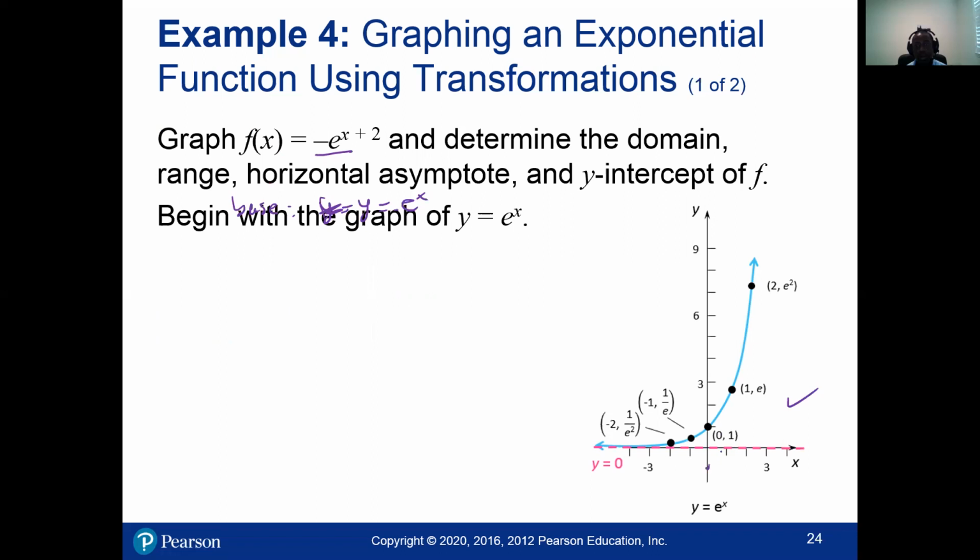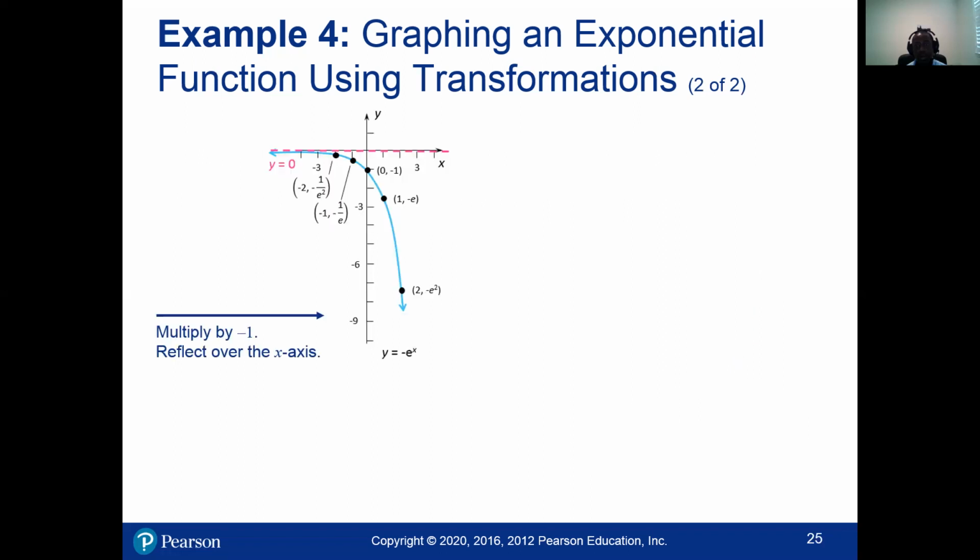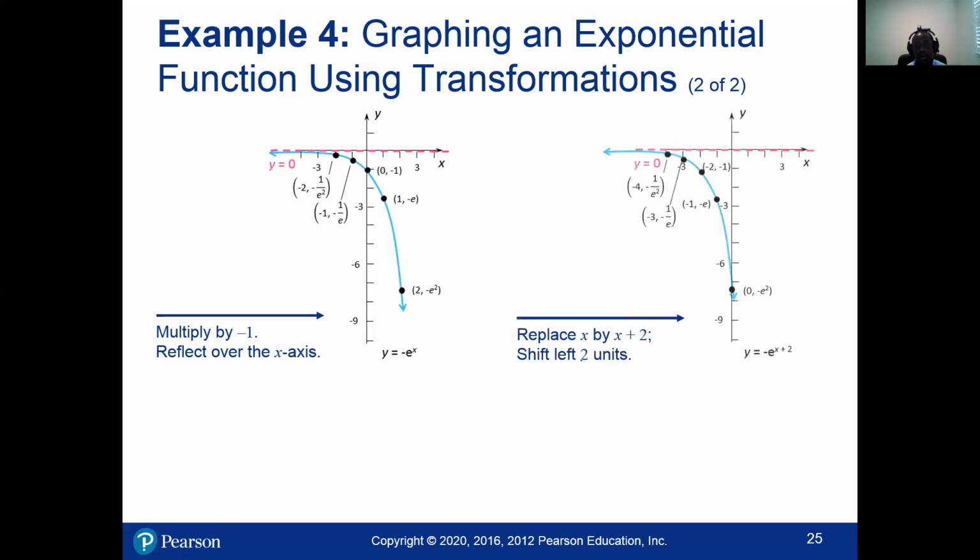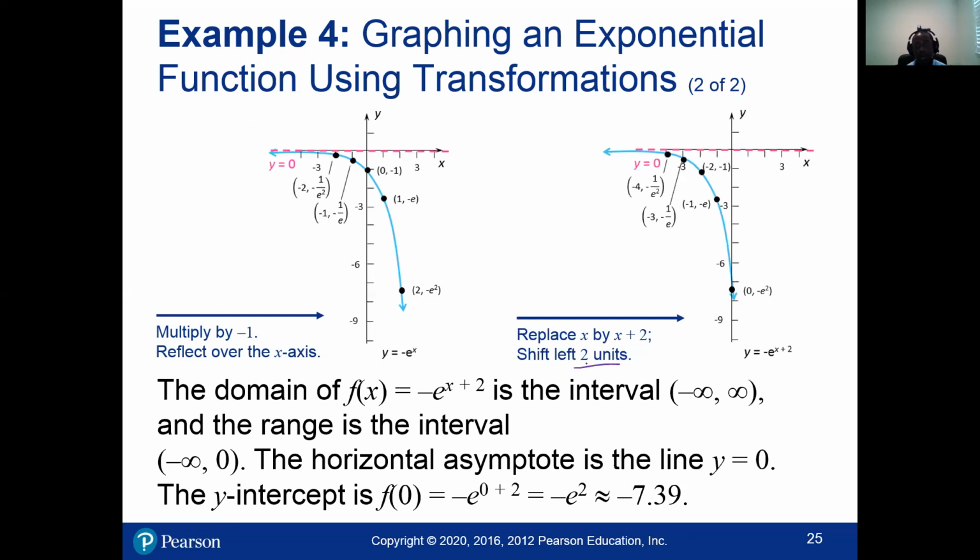This one becomes 1, -e. This point becomes 2, -e squared, and so on. Finally, replacing x with x plus 2, we shift it left 2 units, and that gives us this graph. These are the coordinates that we just talked about.